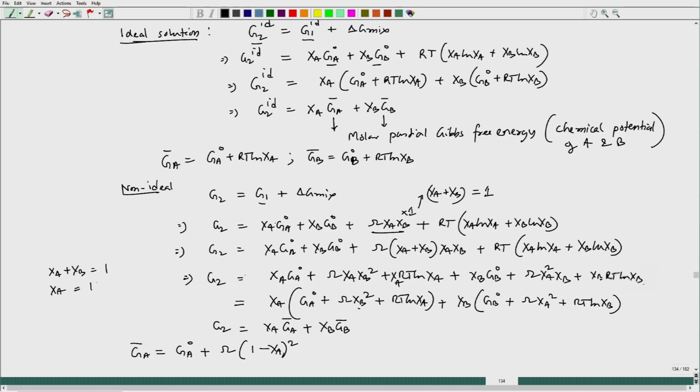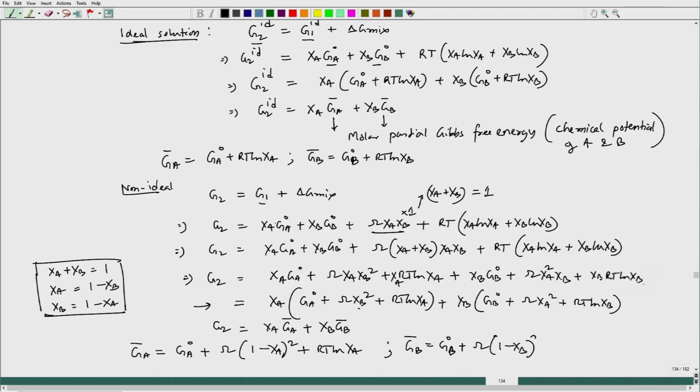So, XA would be equal to 1 minus XB and XB equal to 1 minus XA. So, I can apply this into this equation. So, then plus RT ln XA, and GB bar equals GB naught plus omega (1 minus XB) squared plus RT ln XB.